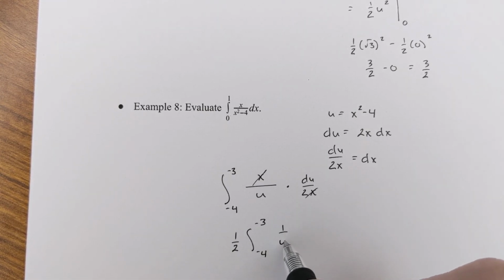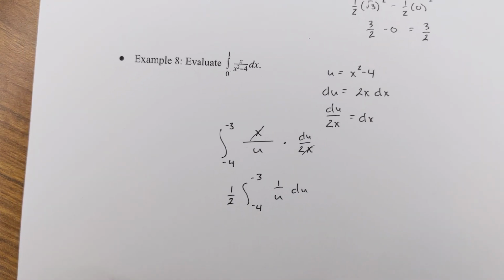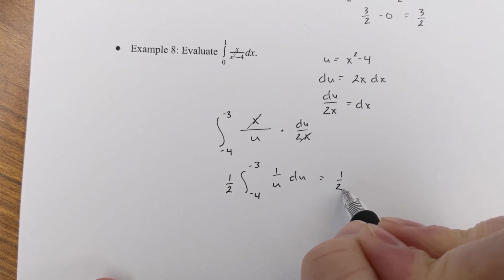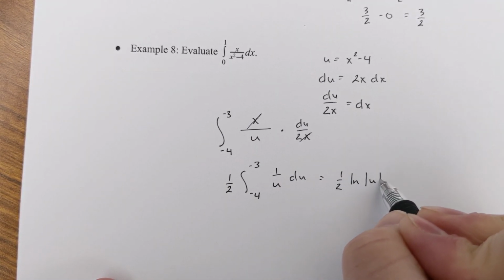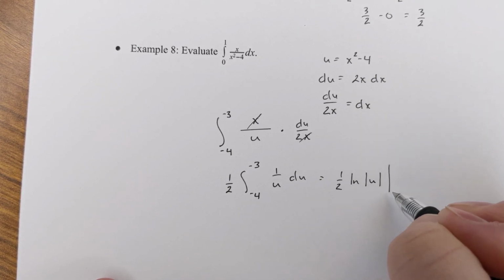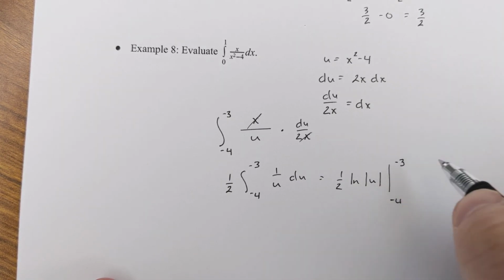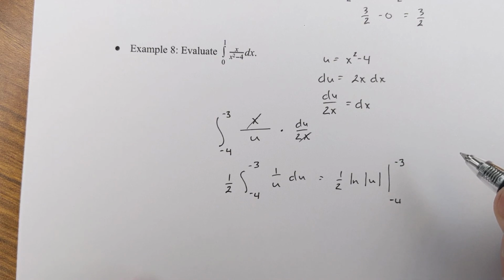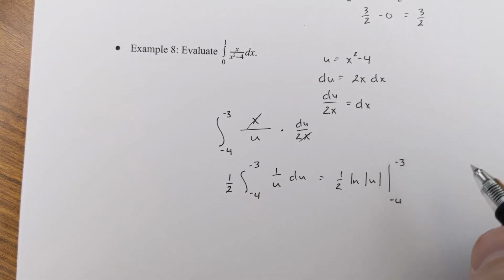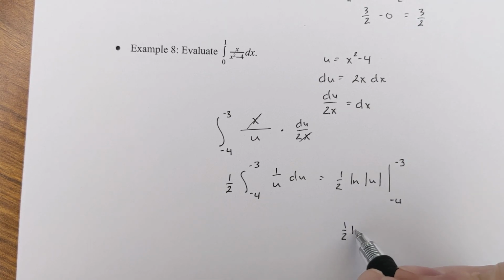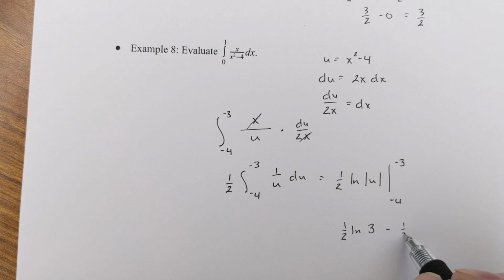So I have this. The antiderivative of 1 over u is the natural log of the absolute value of u, all evaluated from -4 to -3. So doing this, this would be 1/2 ln 3 minus 1/2 ln 4.